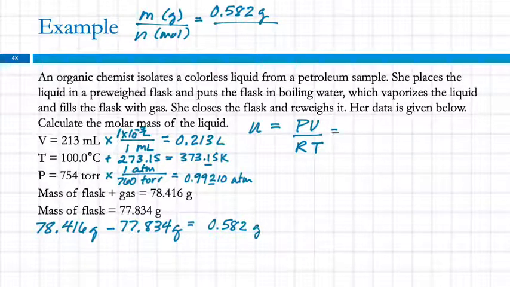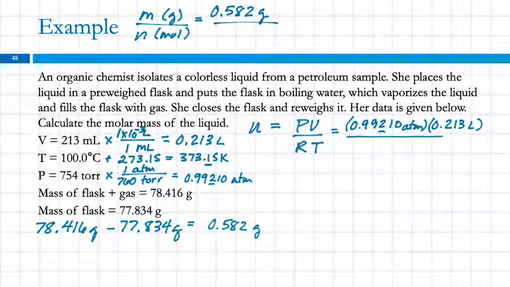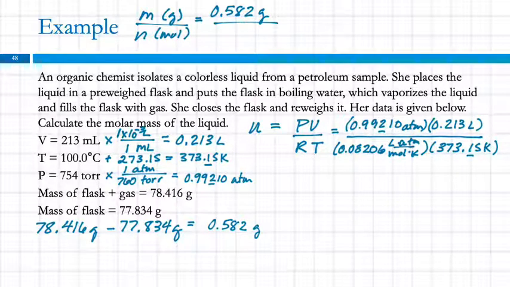So now I can put these numbers into my equation. The pressure is 0.99210 atmospheres. The volume is 0.213 liters. R is 0.08206 liter atmospheres per mole Kelvin, and the temperature is 373.15 Kelvin. Atmospheres cancel, Kelvins cancel, liters cancel.